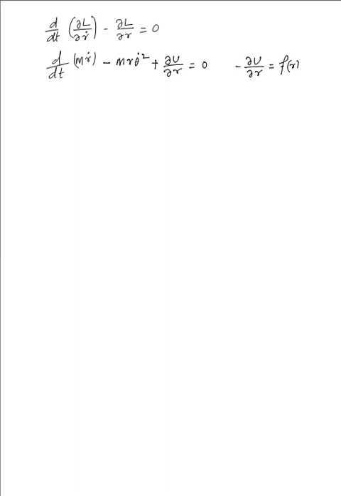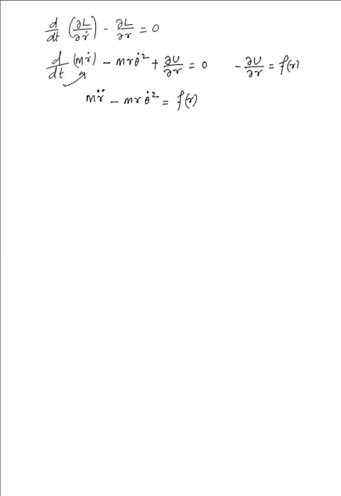So what we get, this derivative with respect to time again, is m r double dot minus m r theta dot squared, and because this is minus f of r, it can go to the other side and become plus.